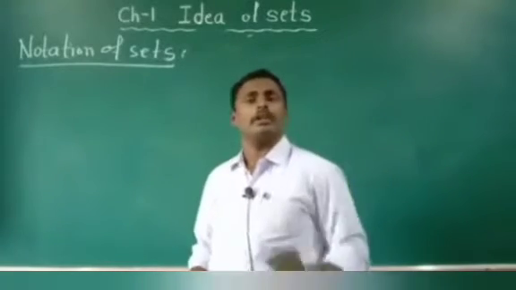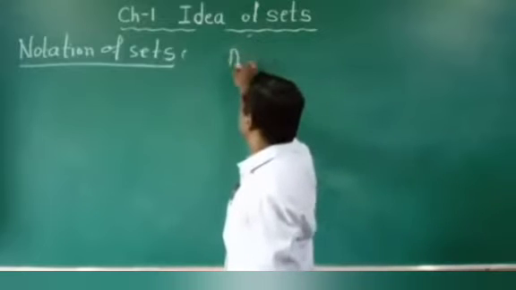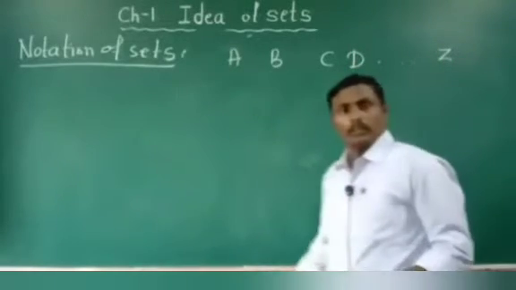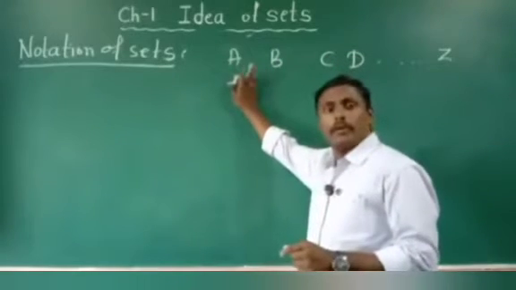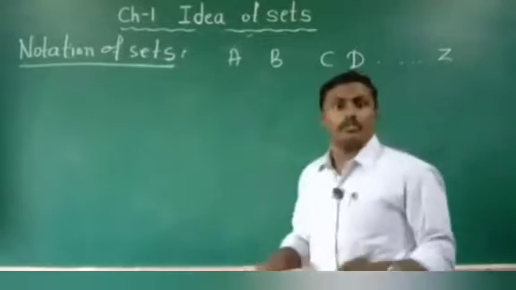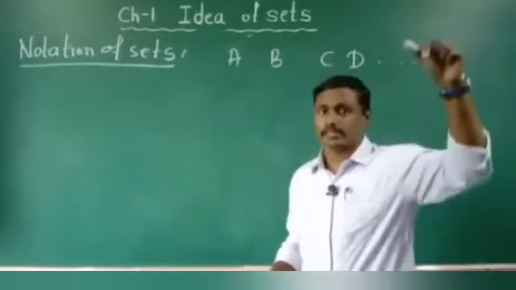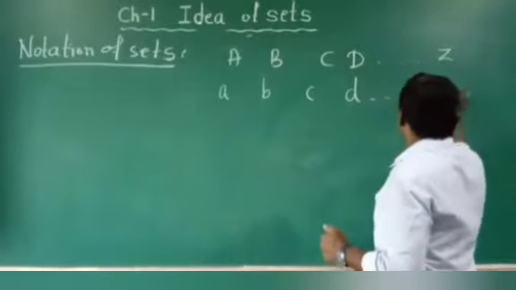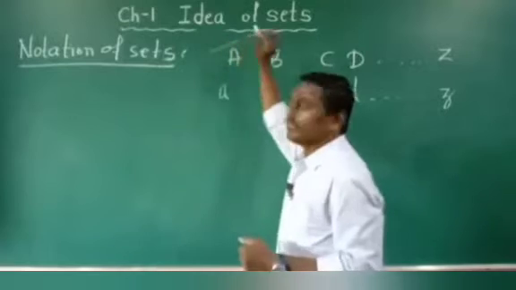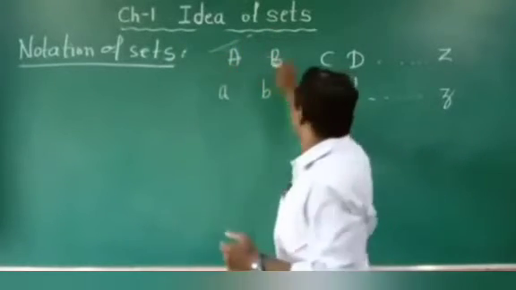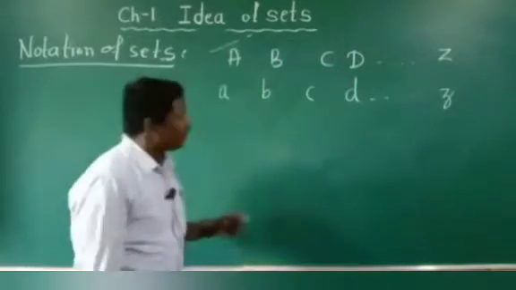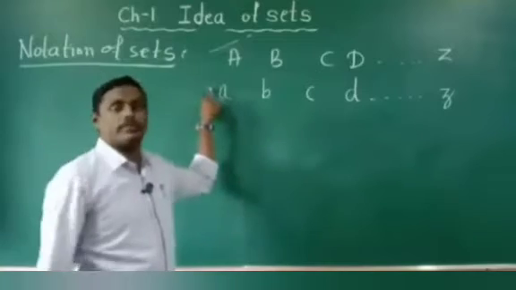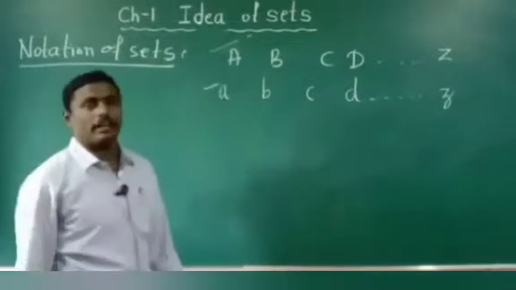Whenever we denote a set, we use capital alphabetical letters A, B, C, D up to Z. The set is represented with capital alphabetical letters, whereas the members or elements existing in a particular set are represented by small alphabetical letters.